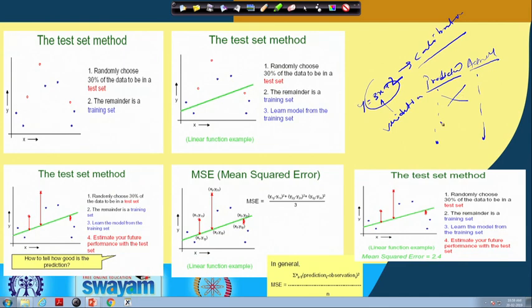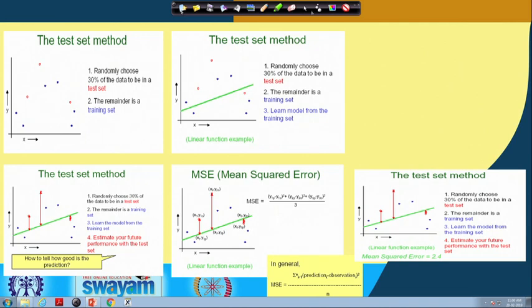Again, once we create the training model or calibration model, we estimate our future performance with the test set, and then we calculate the mean square error by using this particular formula. In this example our mean square error is 2.4. So, this is an example of the random holdout method.